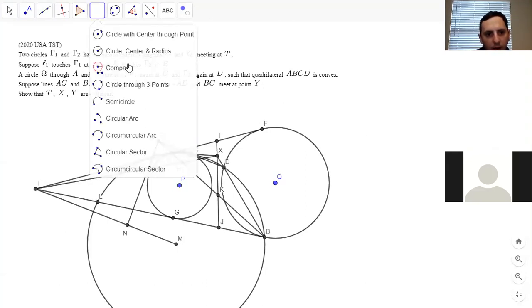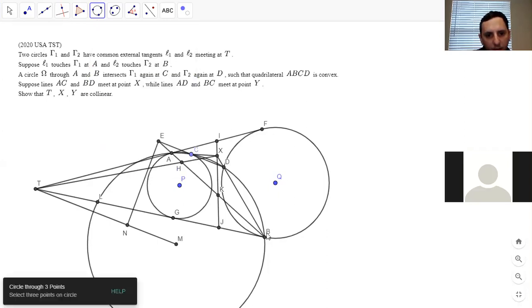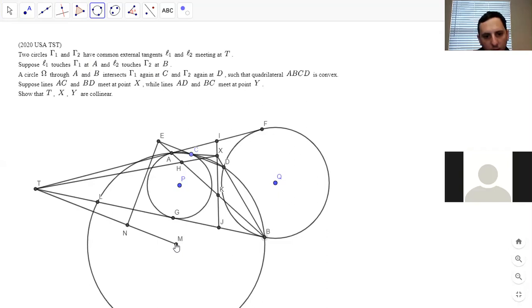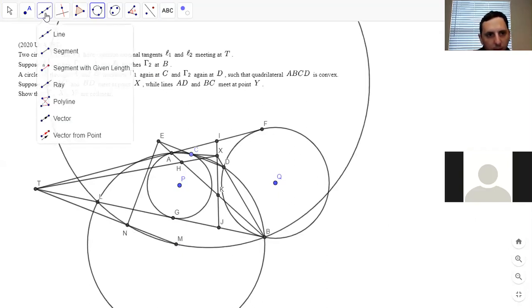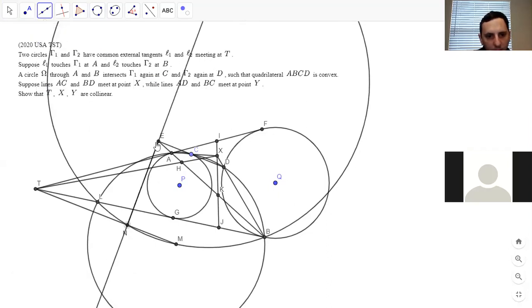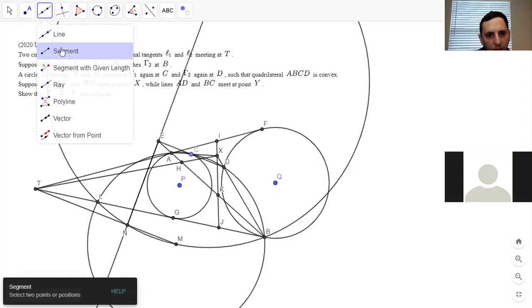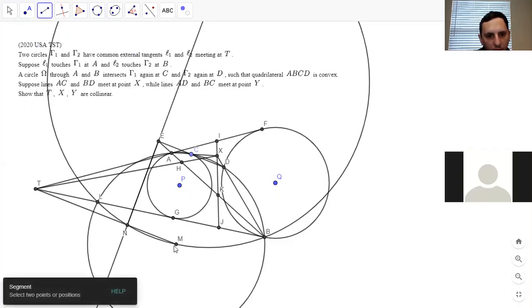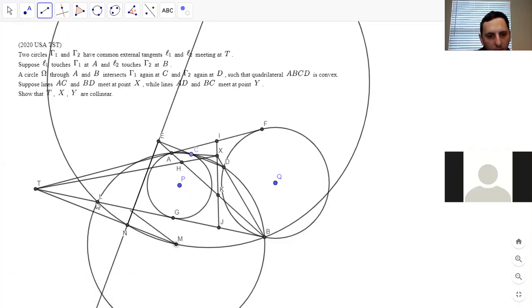I wonder what a diameter of that circle is. So if we extend NE, we would get a diameter of that circle. So I don't know if we draw ML.